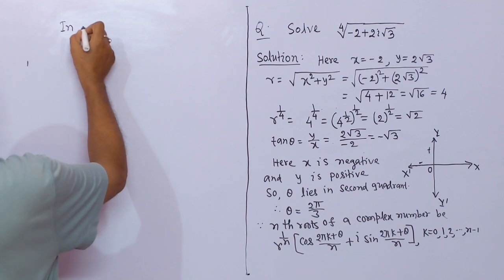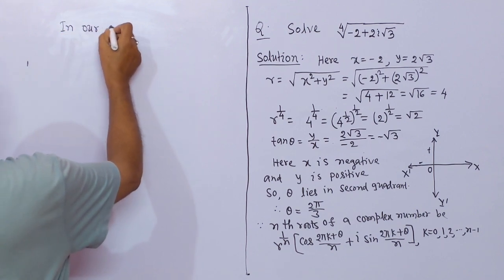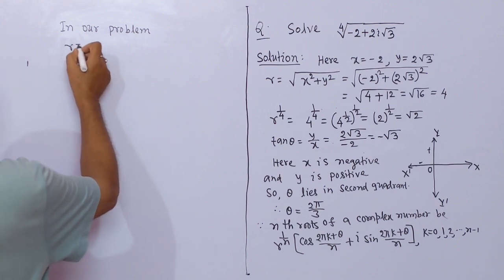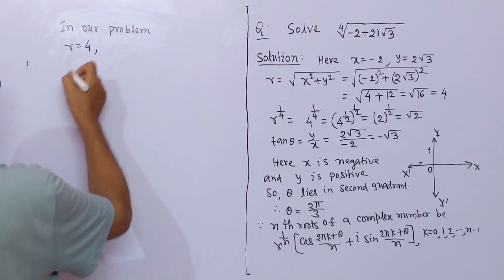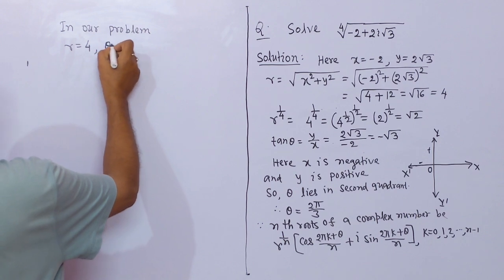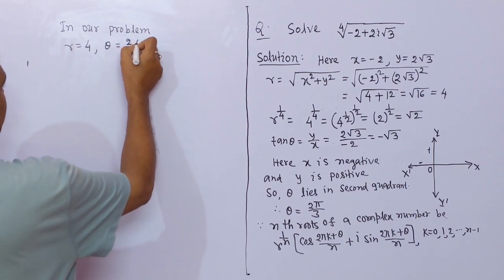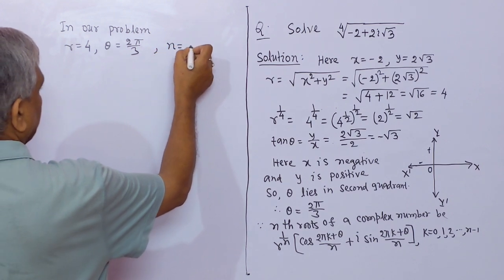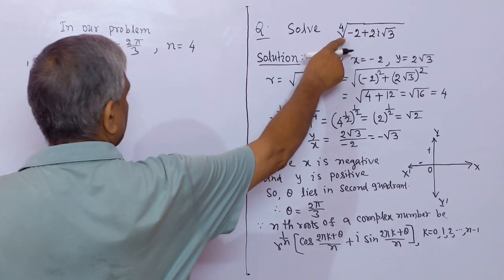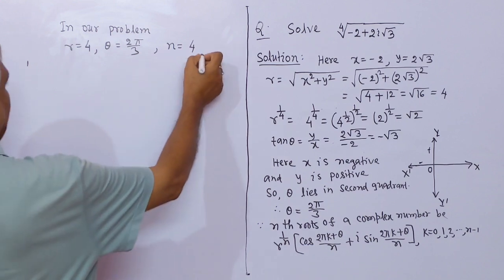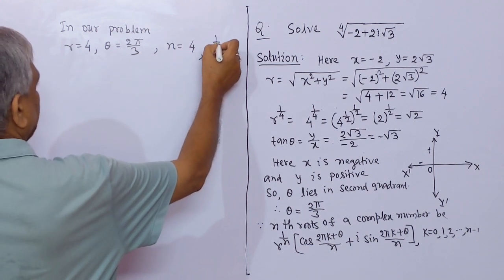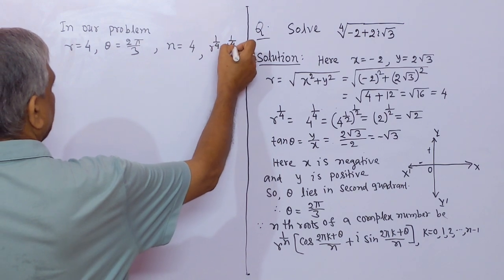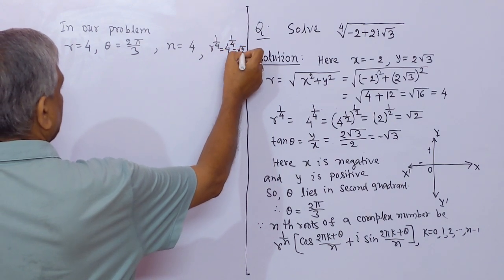In our problem, r equal to 4, theta equal to 2 pi by 3, n equal to 4, fourth root, and r to the power 1 by 4 equal to 4 to the power 1 by 4 equal to square root 2.